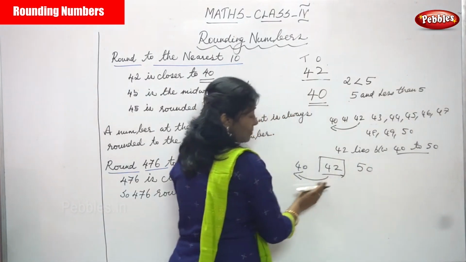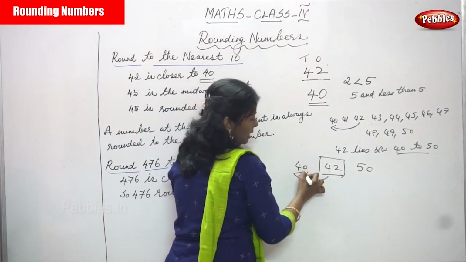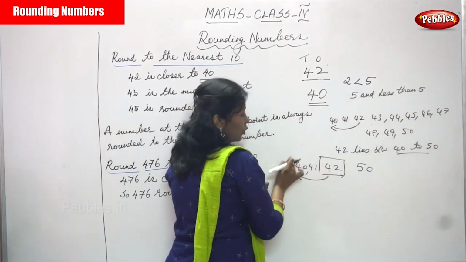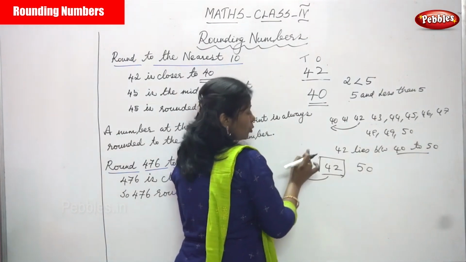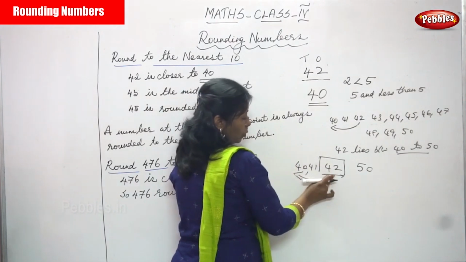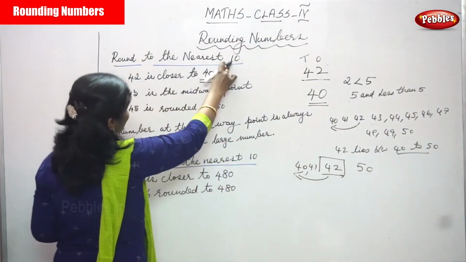Look at which number is very close: 40, then next comes 41, so 42 is closer to 40. If you round off the number, you concentrate on what is closer to 42. So 42 is closer to 40. That's why rounding to the nearest 10 gives 40.